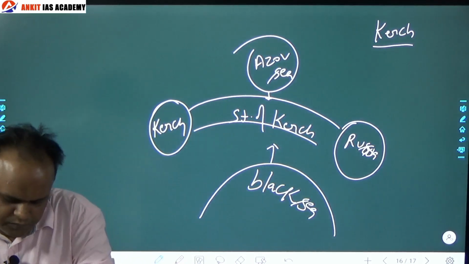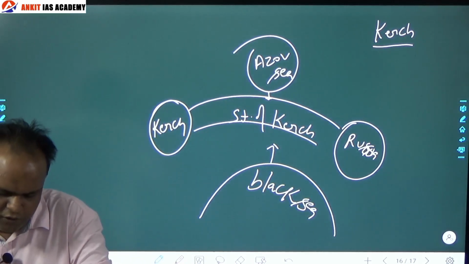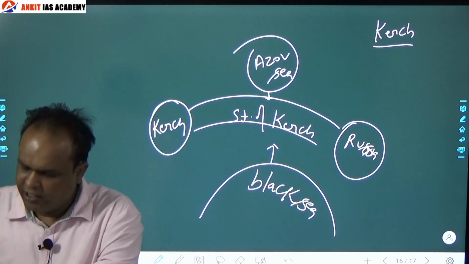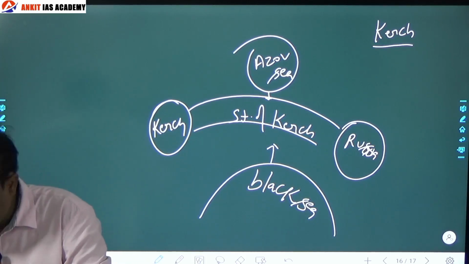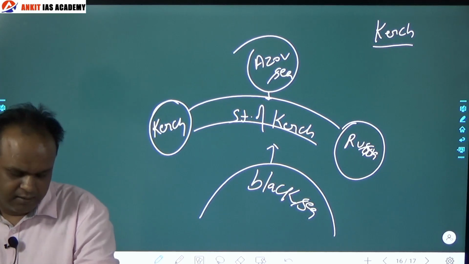Note down. Connects Black Sea and Azov Sea. Azov Sea is also available to the north of Black Sea and to the north of this Strait of Kerch. Azov Sea, highlight this.